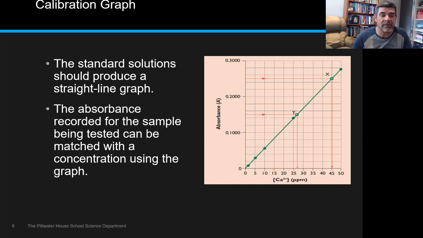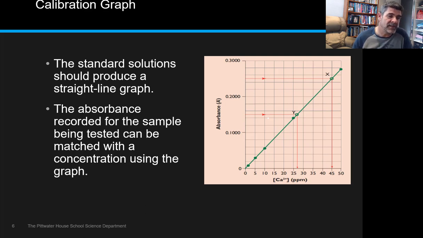This would be a chart for calcium ions, and you can see for the calcium ions that we've got again roughly a straight line between the values that were taken from the calibration process, and then two unknowns X and Y that we've been able to test with the same lamp, with the same setup, and then put onto our graph to work out what values we would have in terms of the concentration in parts per million.